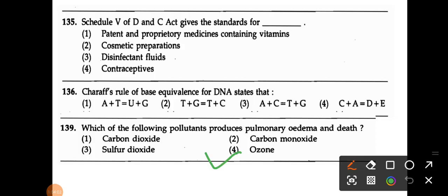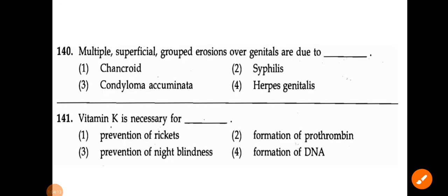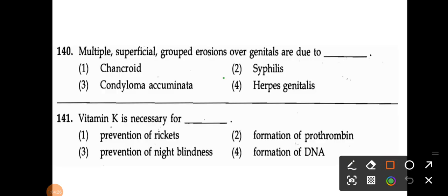That is your ozone, because ozone is highly responsible for your pulmonary edema and your death. The next one, multiple superficial grouped erosions over genital are due to chancroid, syphilis, condyloma acuminata, and herpes genitalis. So what is the correct answer here? That is your herpes genitalis.